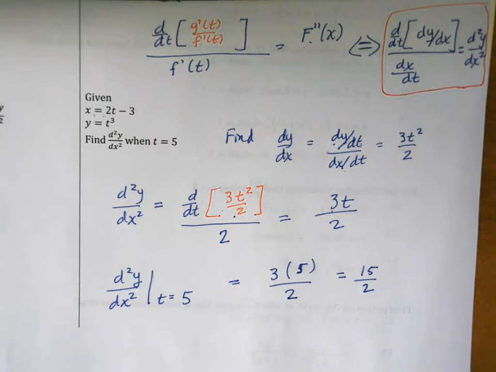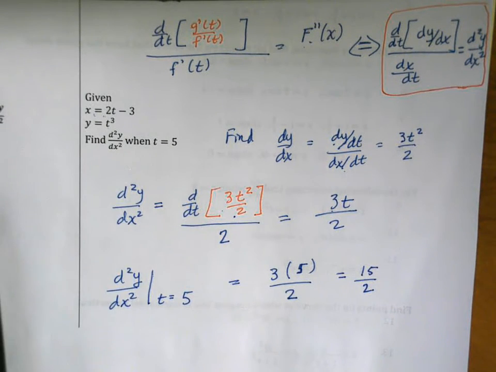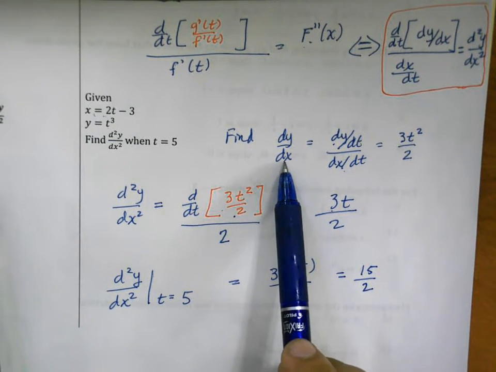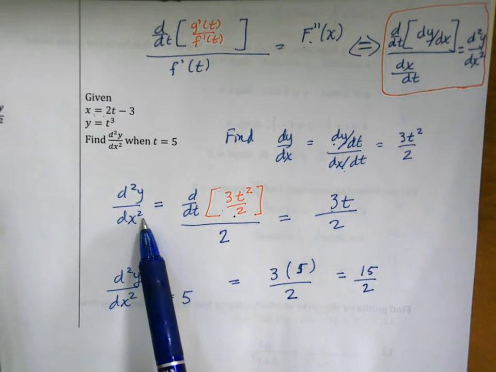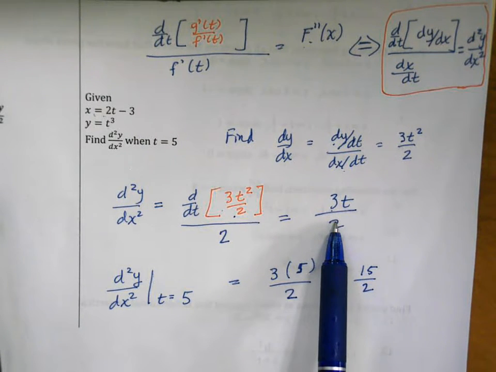Again, I want to stress and hammer home what this really means, because you might ask, well, this is crazy. You wanted me to find dy/dx, and the second derivative d squared y over dx squared, but you're giving me this expression in terms of t, and that doesn't make any sense.